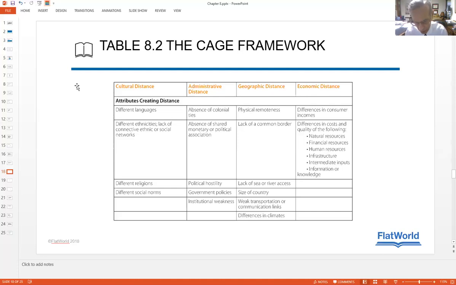Geographic difference is pretty much just exactly what it sounds like. But they show up in different ways. If you're doing business across borders, for instance, between the United States and Canada, or the United States and Mexico, that's a lot different from when we're doing business between the United States and India, for instance.